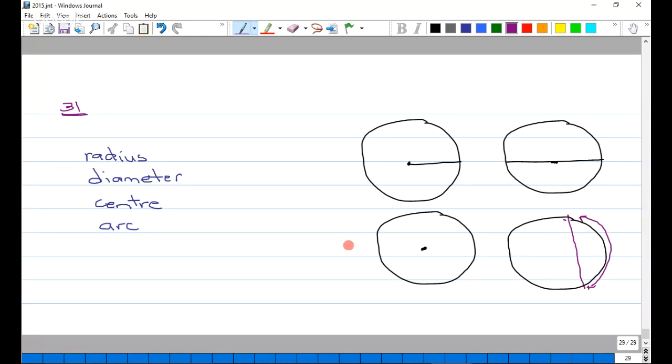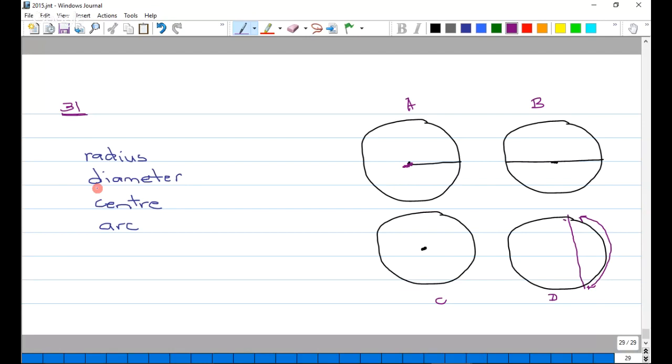And by first one, let's put A, B, C, and D. Sir, the one at the top, the first one to the left. So you're saying A. So this one is a radius. The radius is a line from the center touching any point on the circumference.